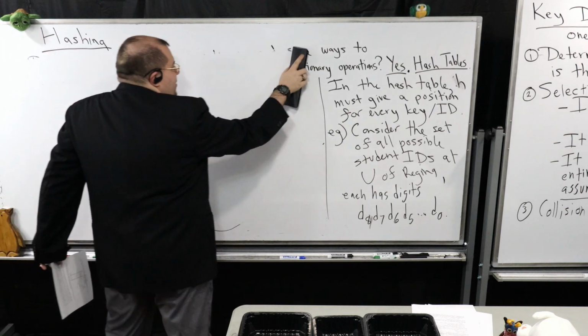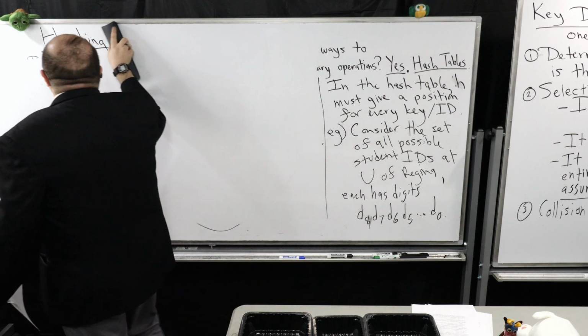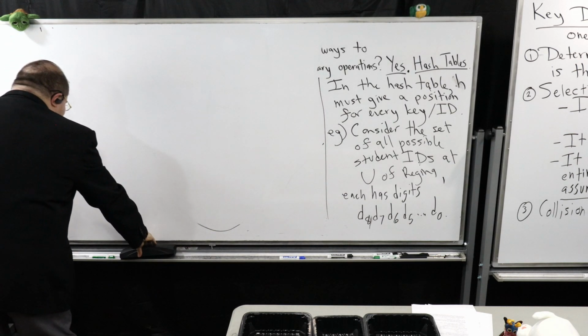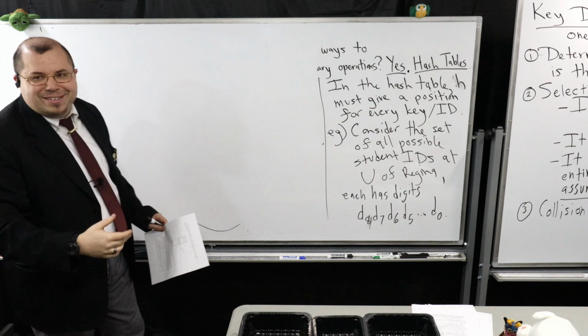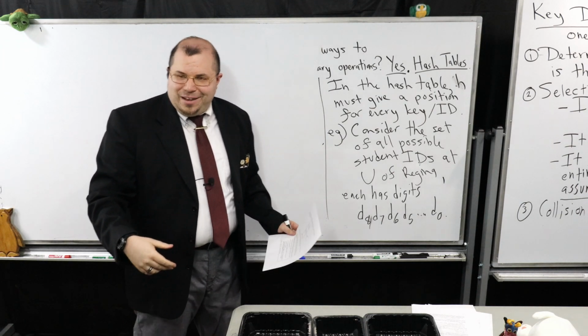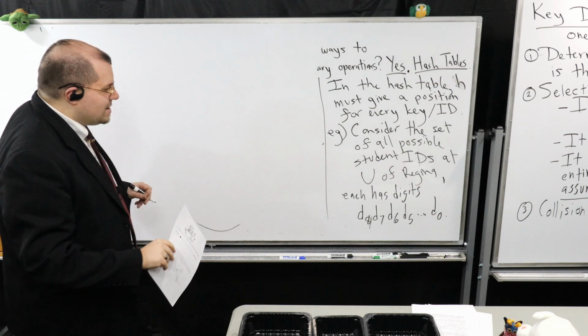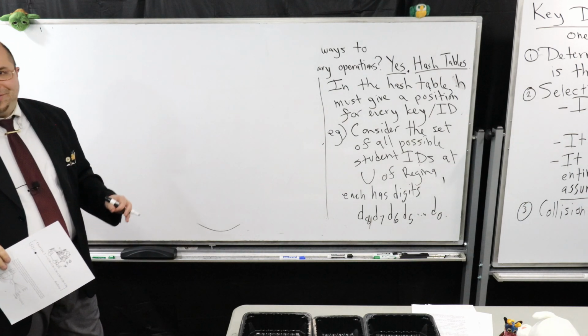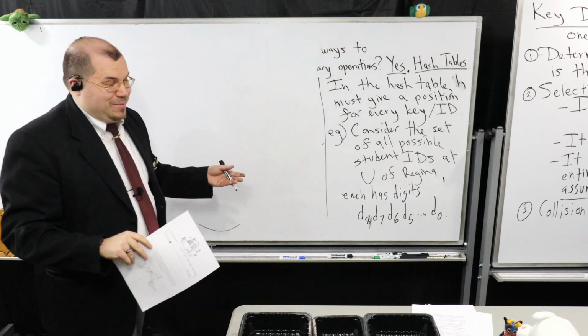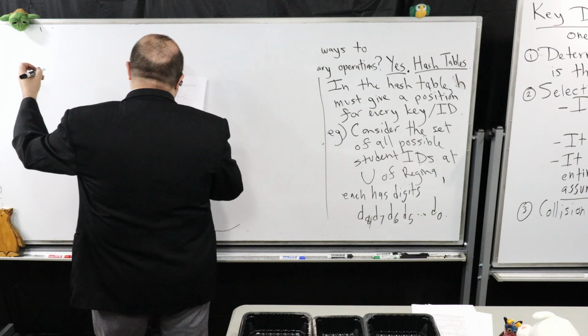Does anybody have any idea of how many possible student numbers there are, or student IDs there are, given this setup? There's a lot of them.